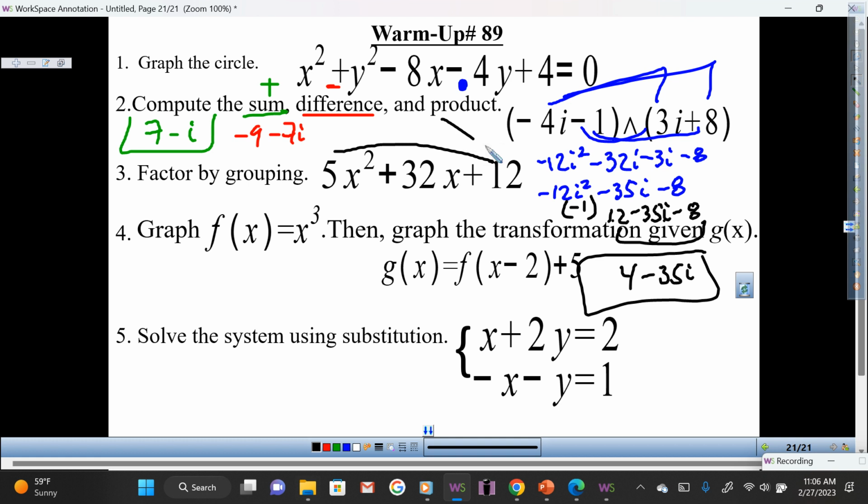Number 3, factors for that one. 5 times 12, that's 60. And 32 down here. Factors of 60 that add up to 32. 30 and 2. Yeah, so then we got 5x squared plus 30x plus 2x plus 12. Group.